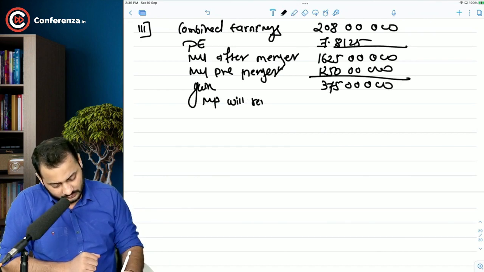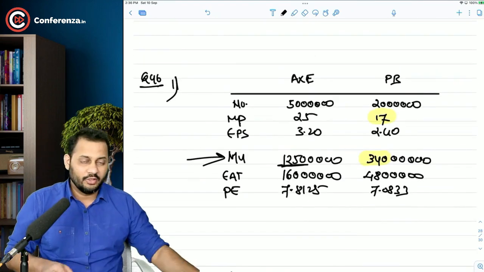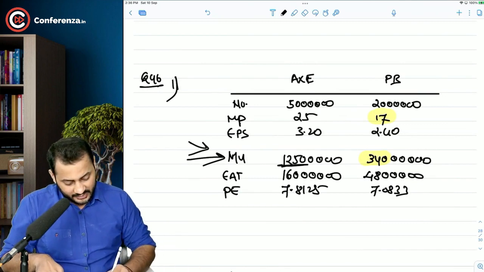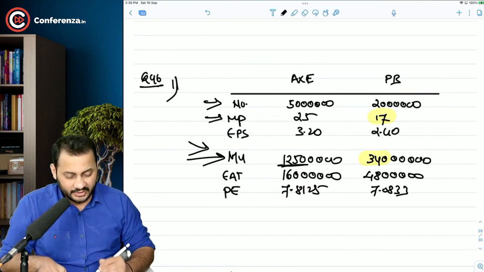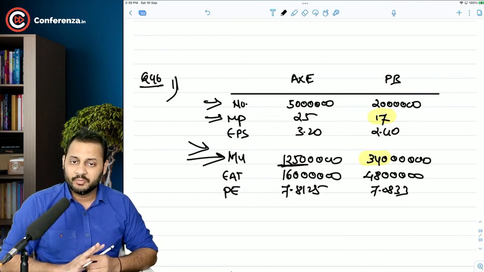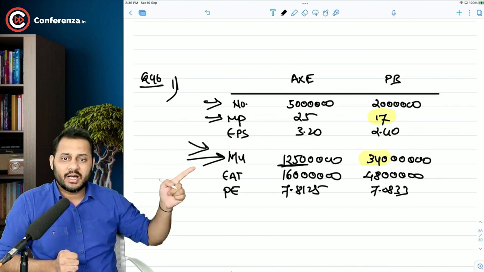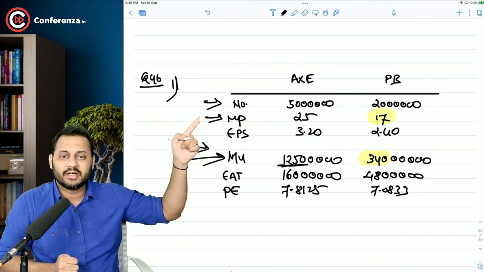If we want there should not be any loss to the acquirer, then please understand the market value will remain the same, the number of shares will remain the same, and the market price will also remain the same. Because if we are not losing on the number of shares, and we want the market value to be the same, the difference between the number of shares and the market value is the market price.